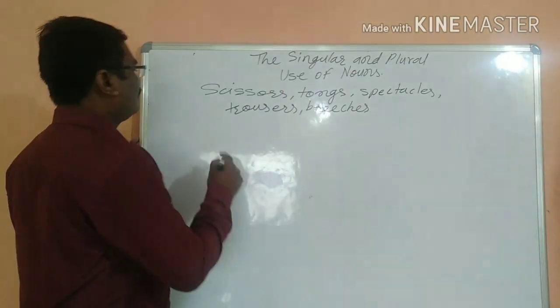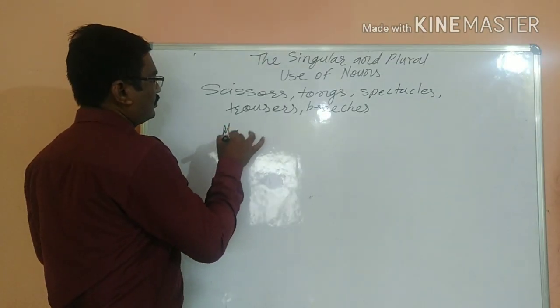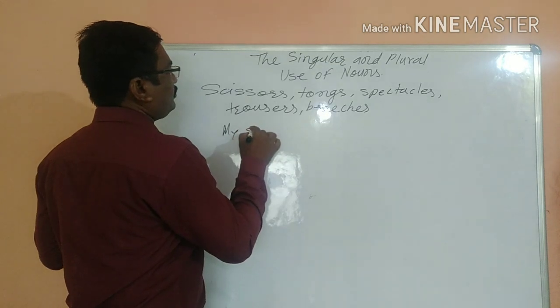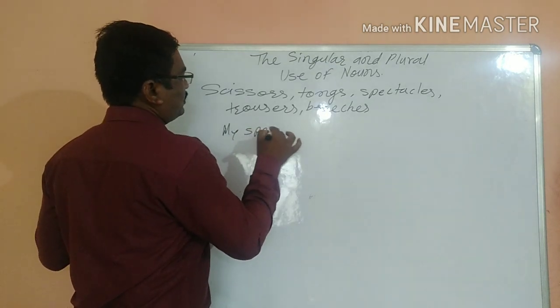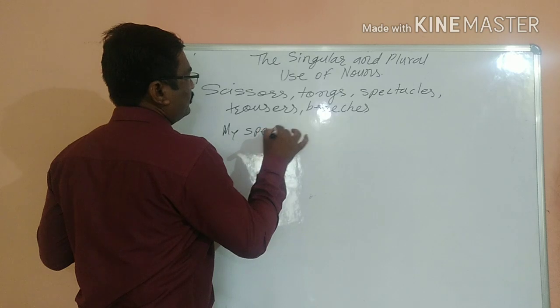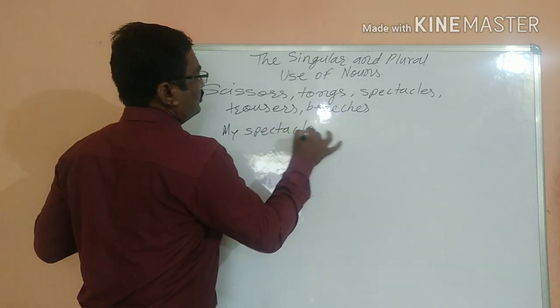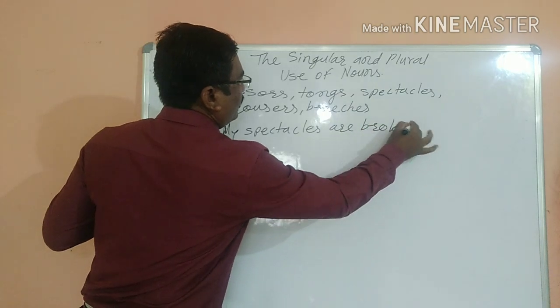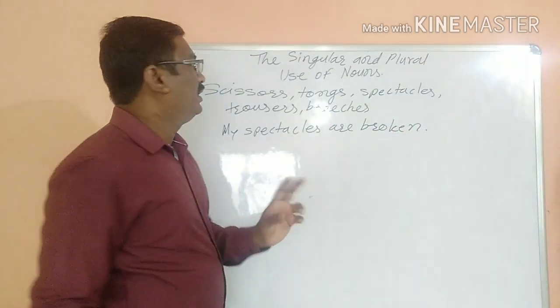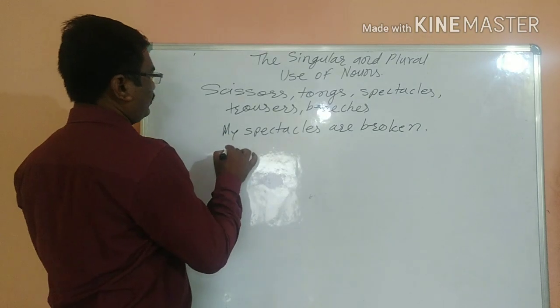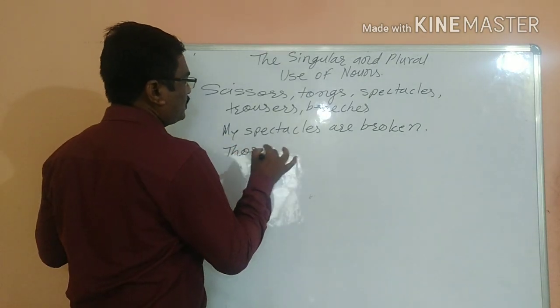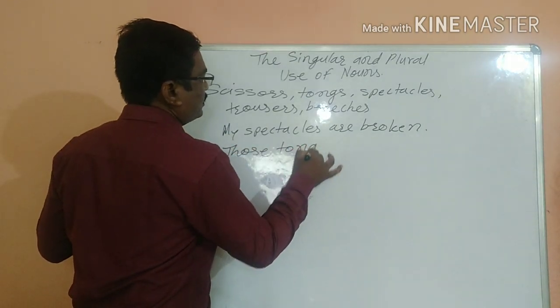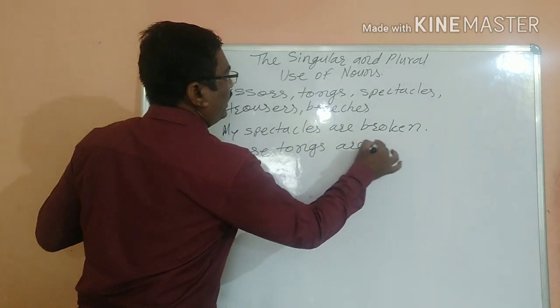For example, my spectacles are broken. My spectacles are broken. Those tongs are damaged.